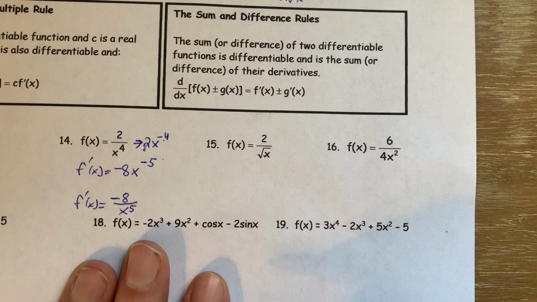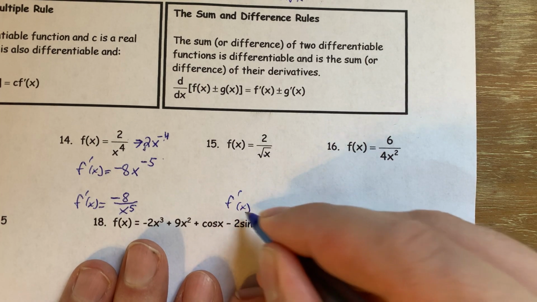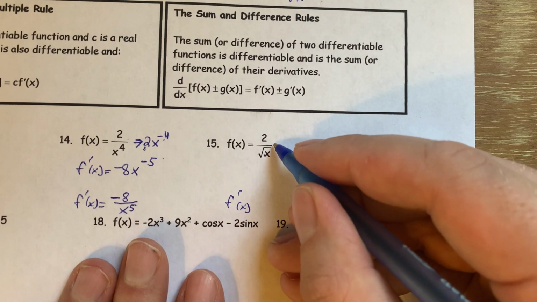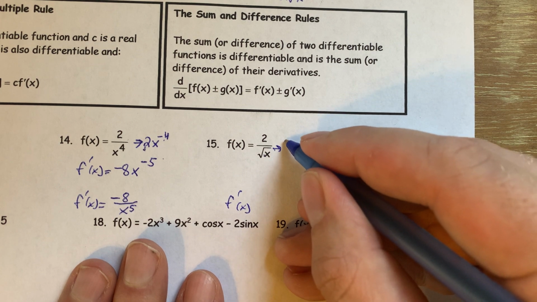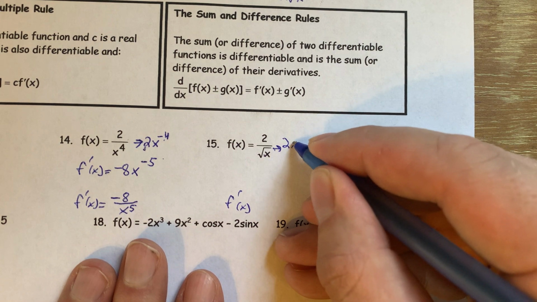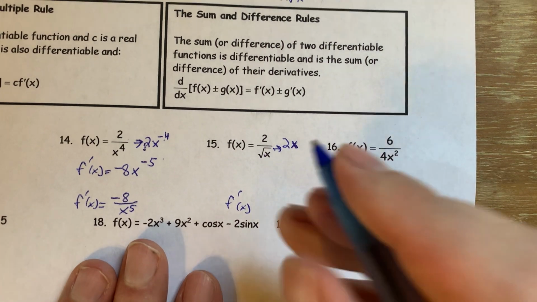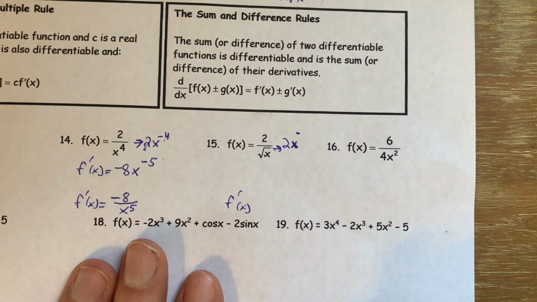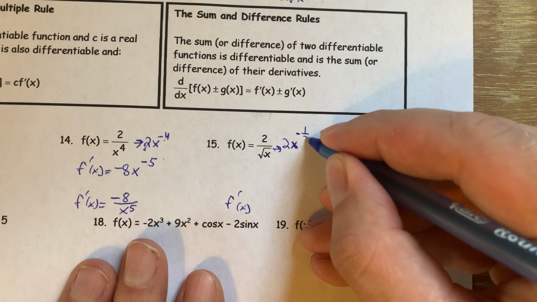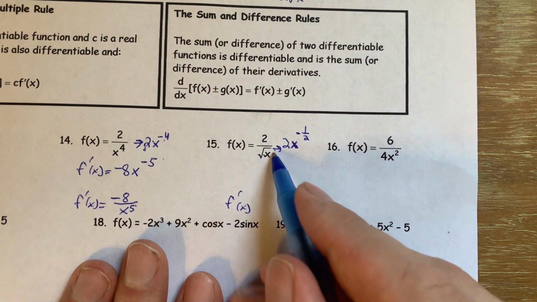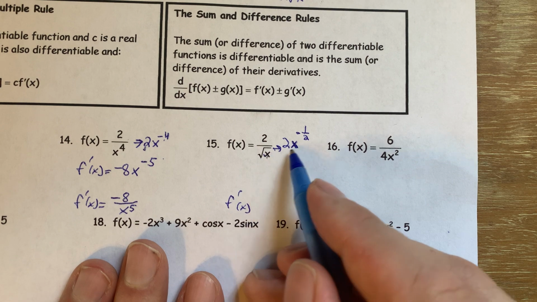This next one, what is the derivative? Well, we know that this can be rewritten as 2 times x to what power? Well, it's a negative power because it was in the denominator, and it's a fraction because it's a root. So 2 times x to the negative 1/2 power is what this one was equal to.